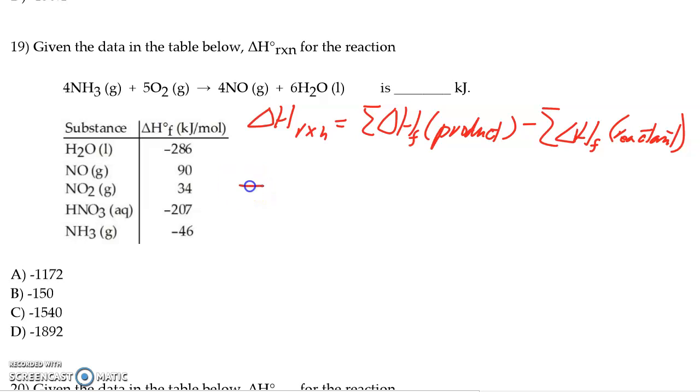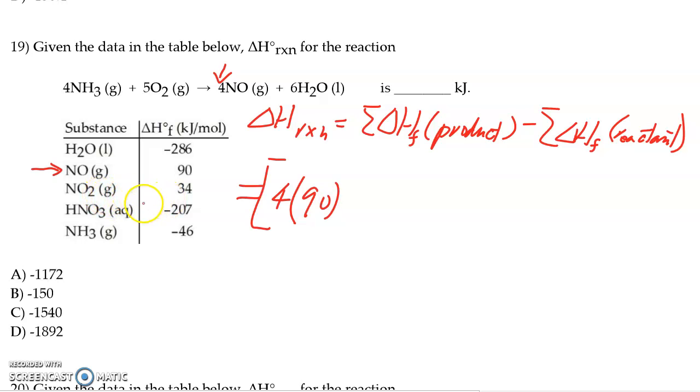Okay, let's plug that in. Over here, NO gas. Let's see which one. I have NO, I have NO2. Make sure that you pick the right one. At the same time, you have to pay attention to the coefficient. There's a 4. So it will be equal to 4 times NO gas, so this is 90.